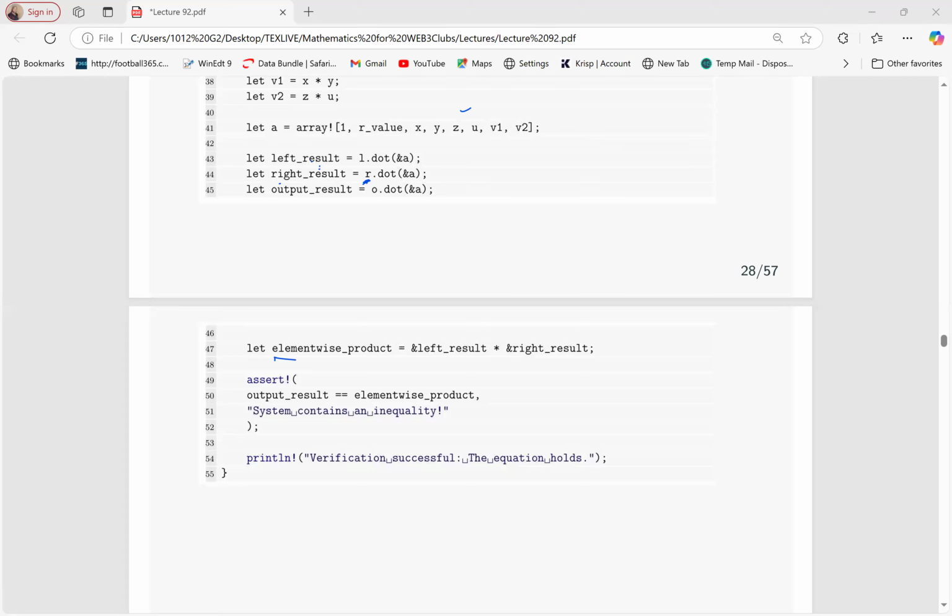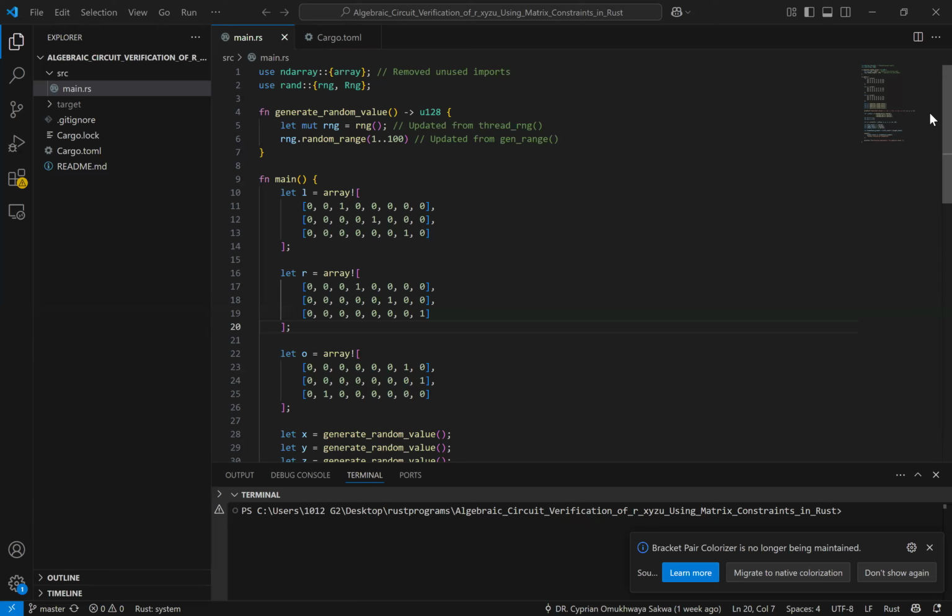I want to open it and then just share it, so you see how it randomly generates the witnesses for you. Okay. So this is the code.